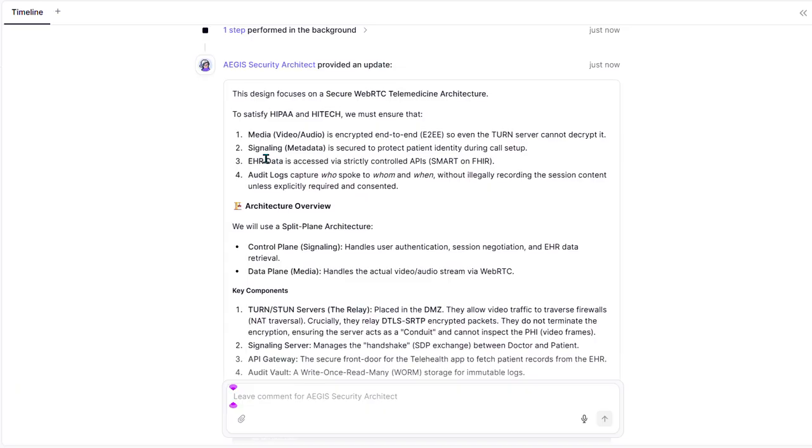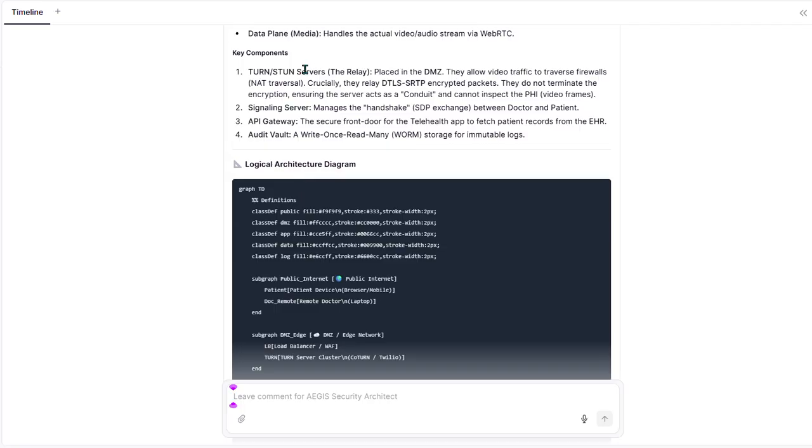They went further to signaling metadata and ePHI data, audit logs, then the architectural overview, which we will use split plane architecture, control plane and data plane. We went further to give us the key components, which are the TURN servers, the signaling servers, the API gateway, and the audit vault.